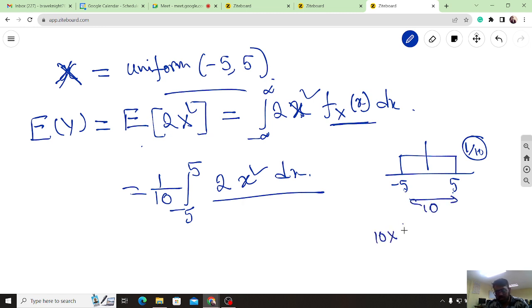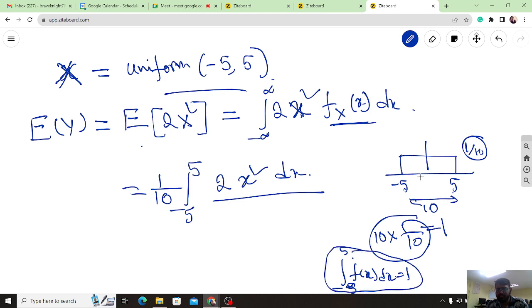So 10 into 1 by 10, this rectangle will have area 1, so that will satisfy f of x dx from -5 to 5 equal to 1. That's why the 1 by 10 factor is here. So if I calculate this, it will come 16.67.